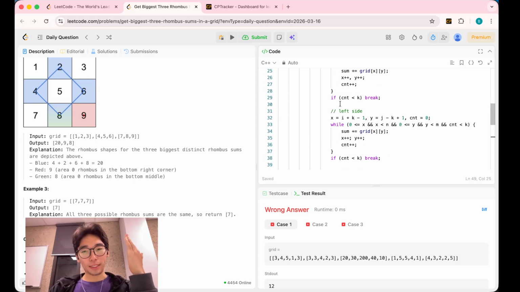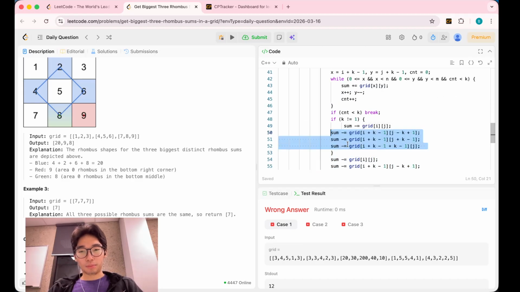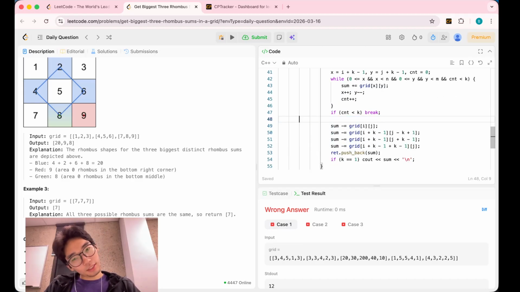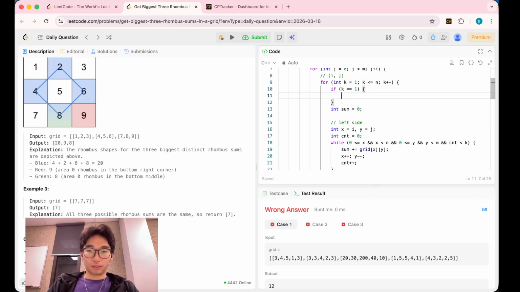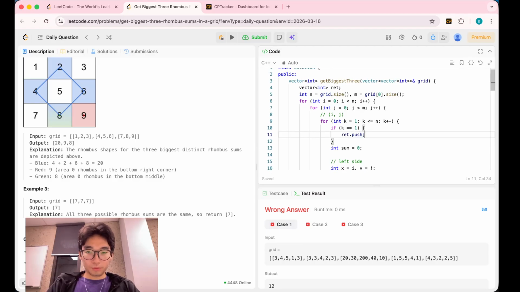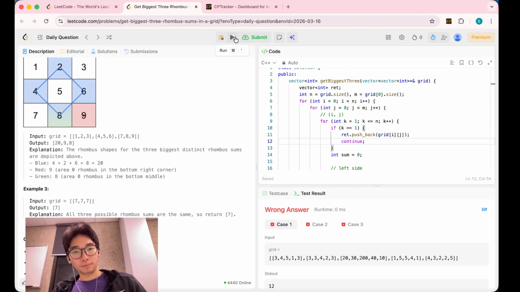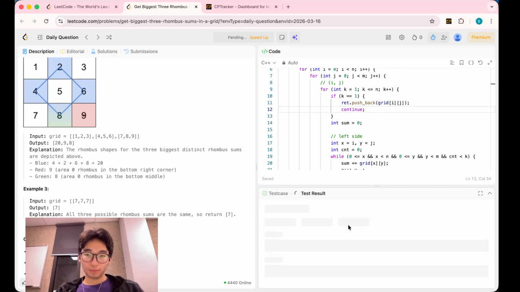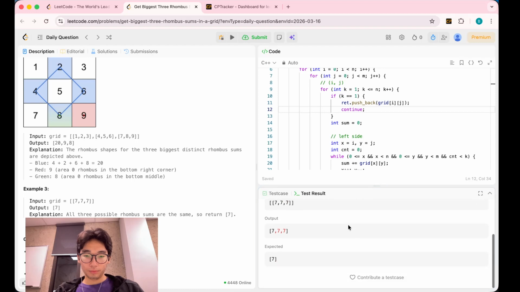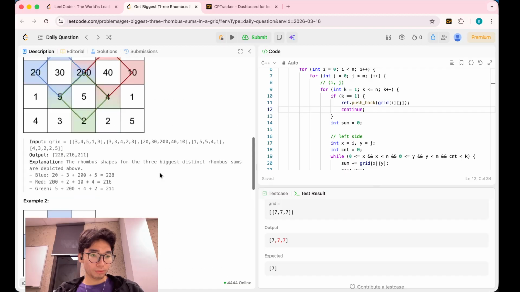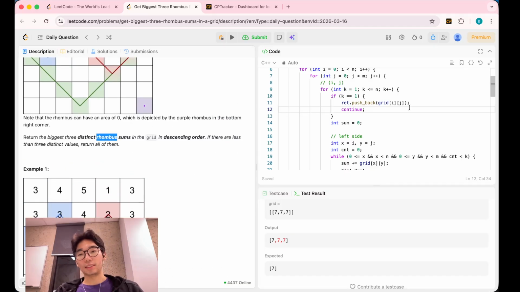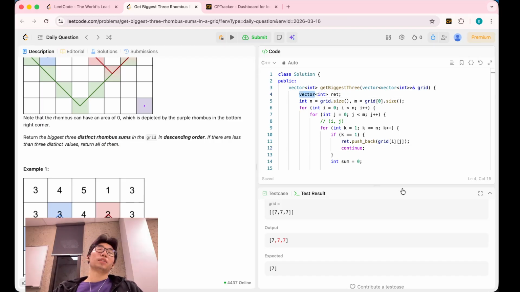Okay, maybe k equals 1 is a special case that I should handle before this. The answers have to be actually distinct. Oh. So what can I do?